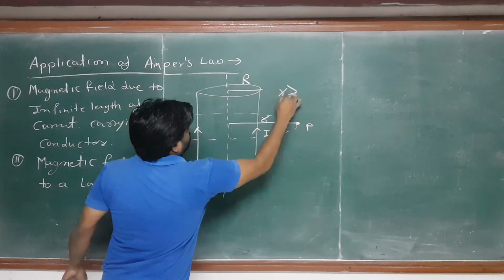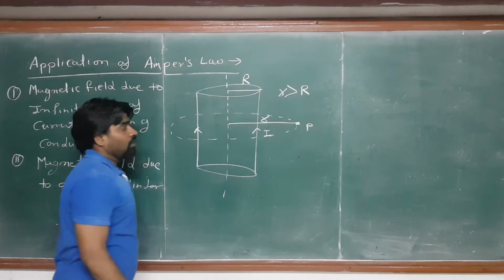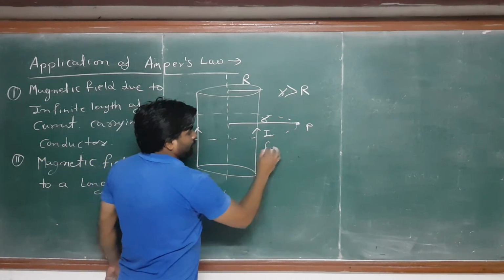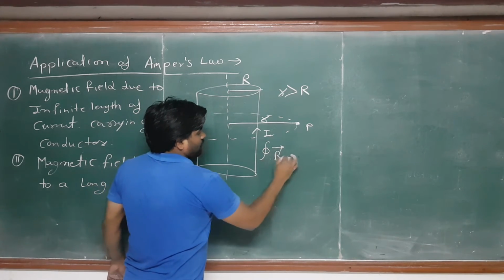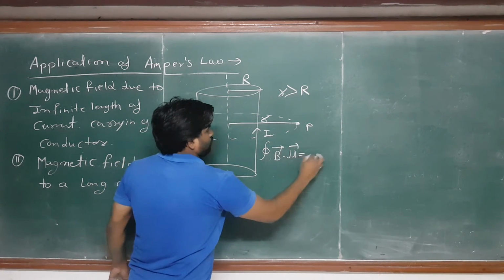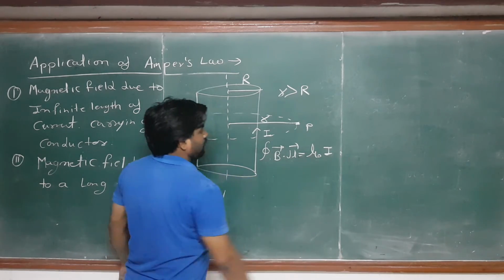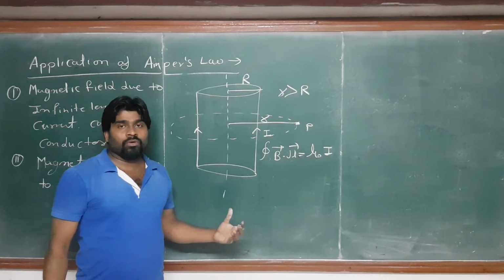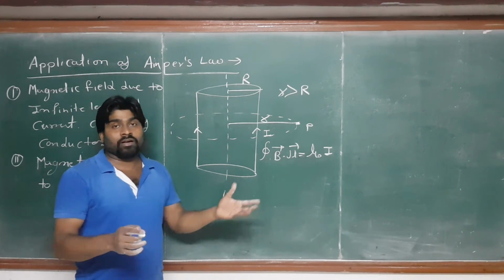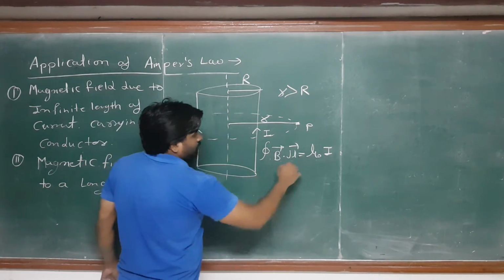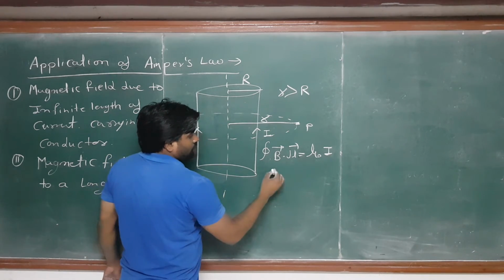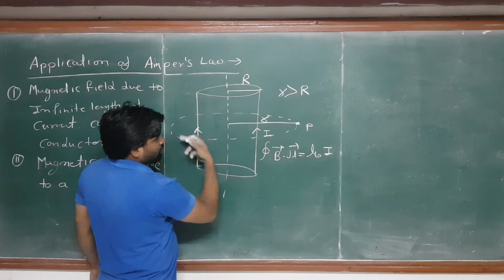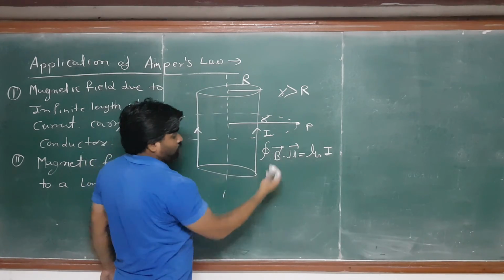Here small r is greater than capital R. Then you can apply Ampere's formula: vector B dot vector dl, line integration, is equal to mu naught times I. If there is any medium you can write mu, and if it has only air, then you write mu naught. The line integration of dl becomes the total circumference of this closed loop, which is 2 pi r.